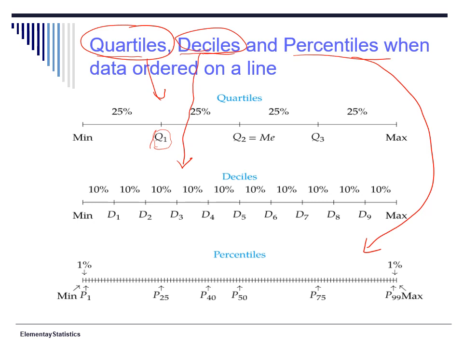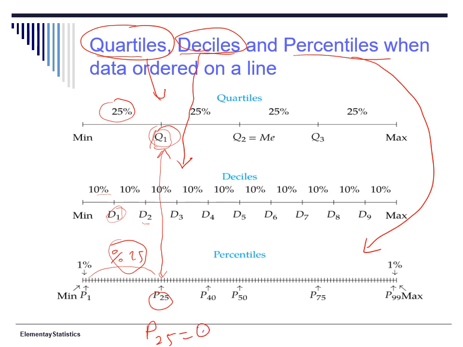For the deciles, for example, 10% of the data is below D1, and 20% of the data is below D2. For the percentiles, for example, 25% of the data is below the 25th percentile. So for the 25% of the data, the separator is the first quartile or P25.